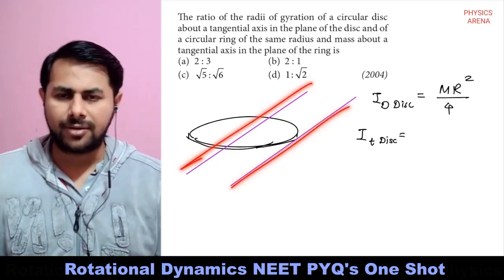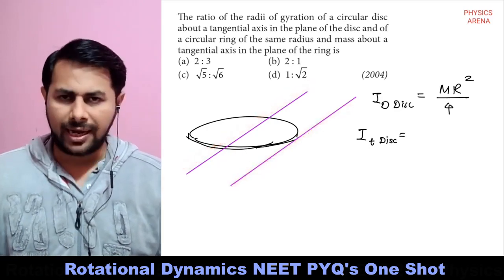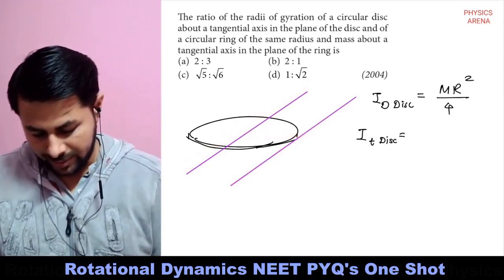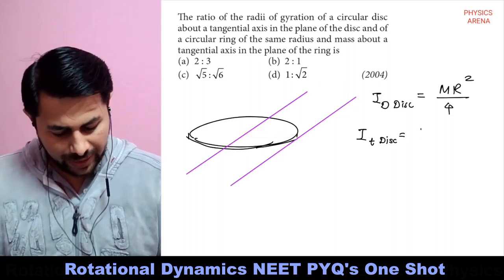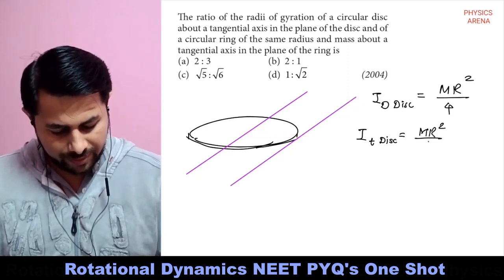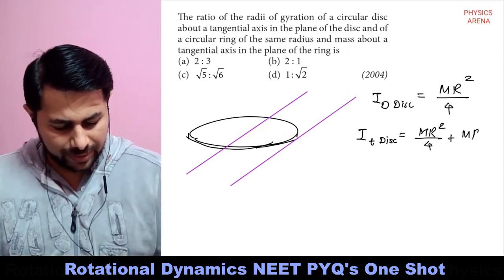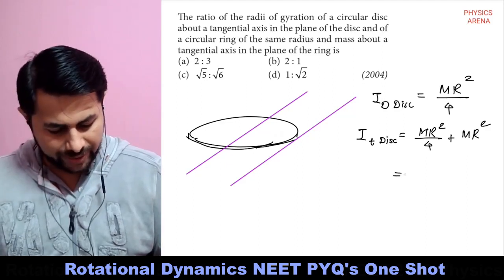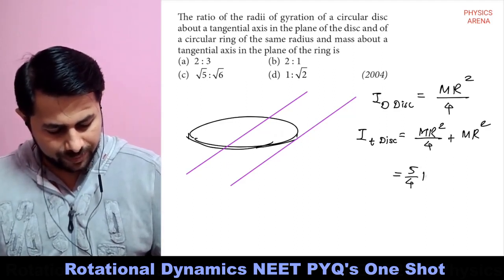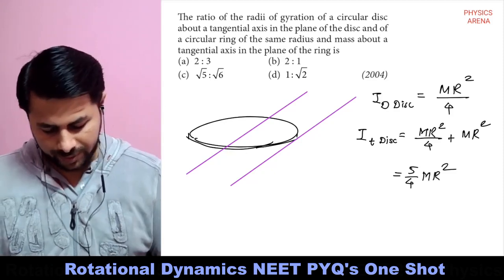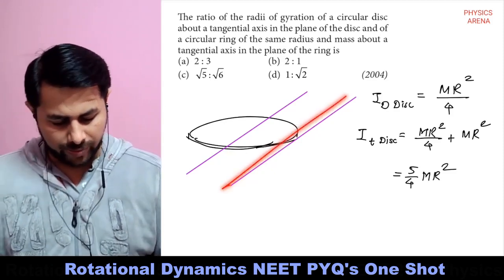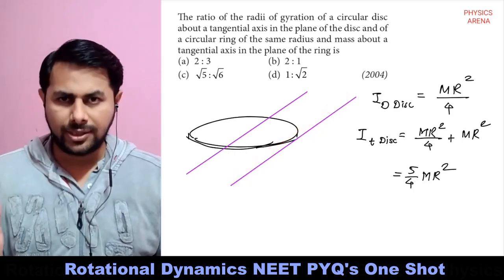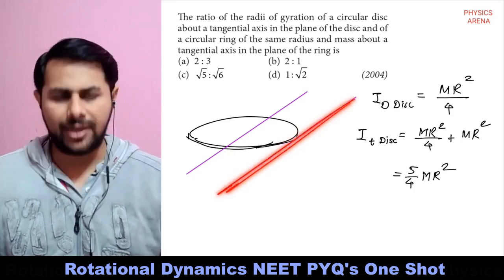Using parallel axis theorem, you can say it is Id plus mr square, right? So how much is Id? It is mr square upon 4 plus mr square. So that is 5 by 4 mr square, right?